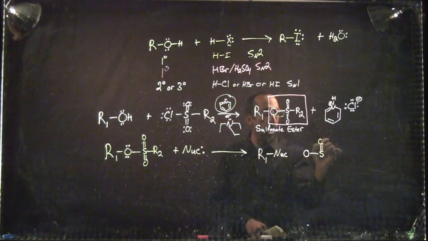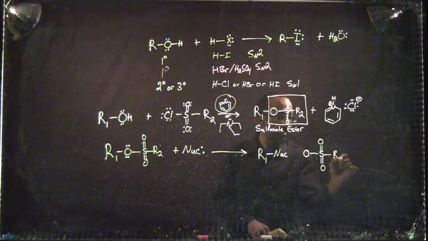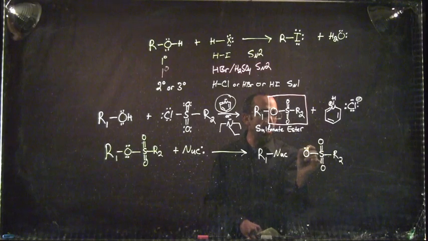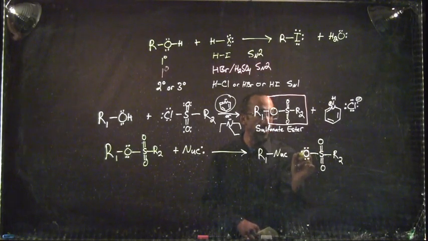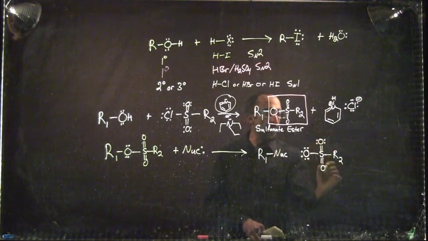And this shows us why sulfonate esters are so good for substitution reactions. We see here now that our sulfonate ester looks very similar to the conjugate base of sulfuric acid.